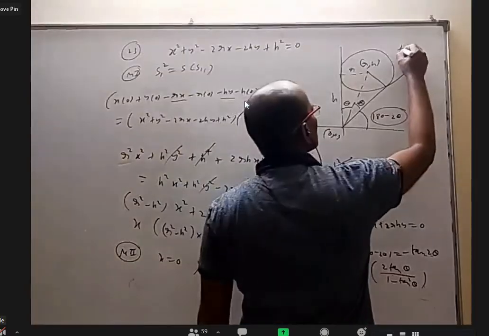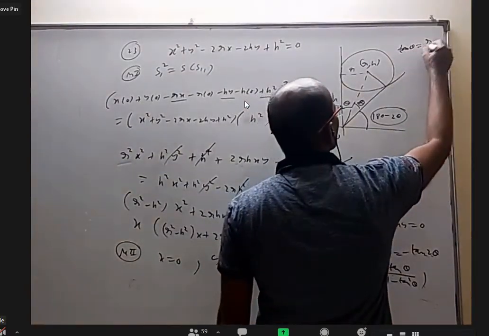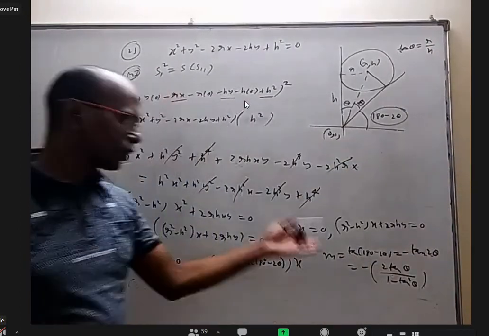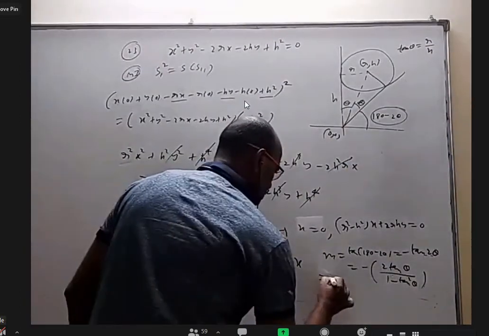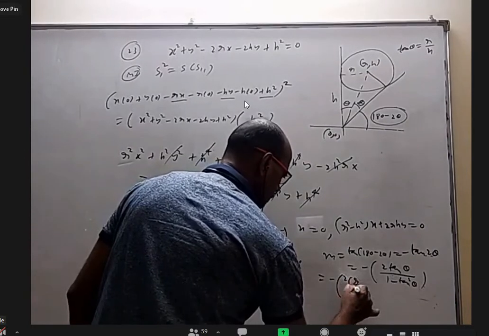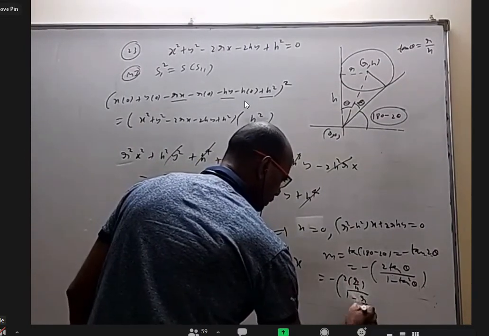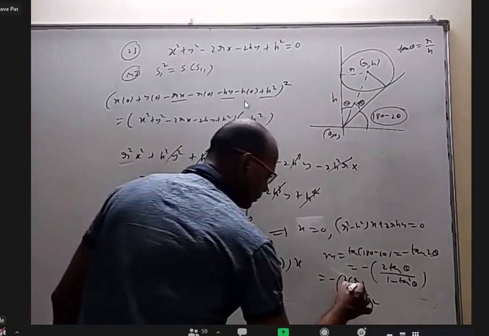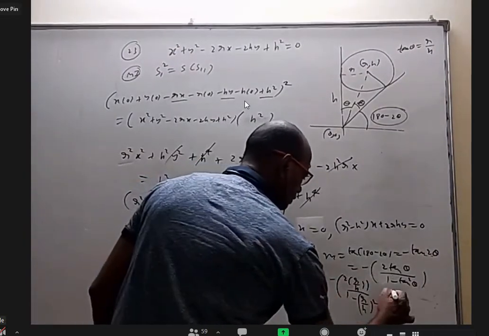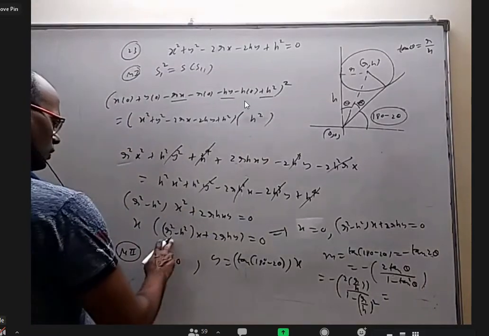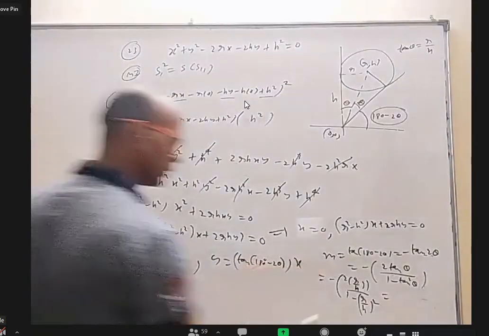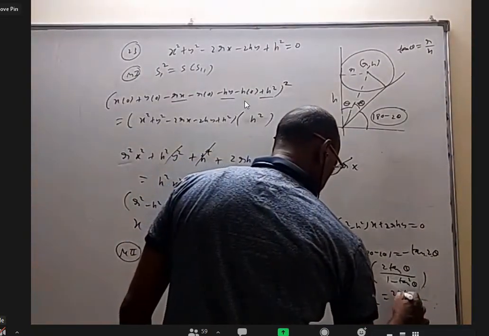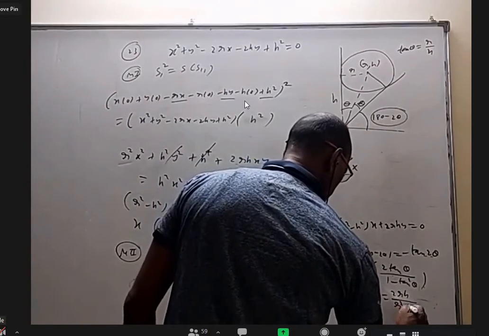So here tan theta is r by h. I substitute that here, and we got the slope. So this is minus of 2 into r by h by (1 minus r by h) whole square. Can you see here? Yes. Okay. So we wanted anyway r square minus h square. So this is 2rh by r square minus h square.